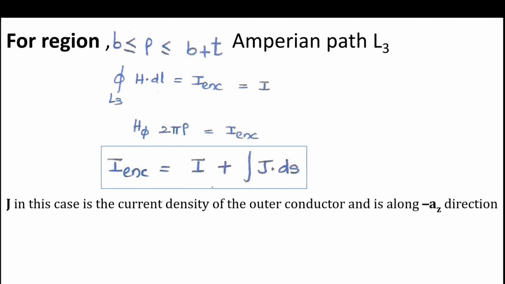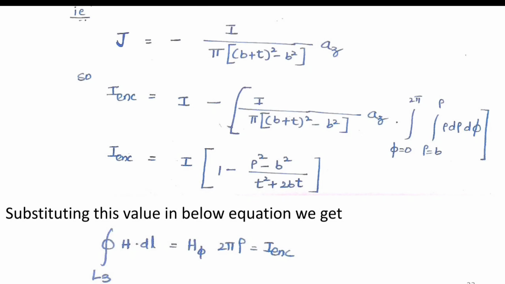J in this case is the current density of the outer conductor and is along the minus a_z direction. Therefore we have to find the J value. So J is equal to minus I divided by the area, π[(B+T)² − B²], into a_z.